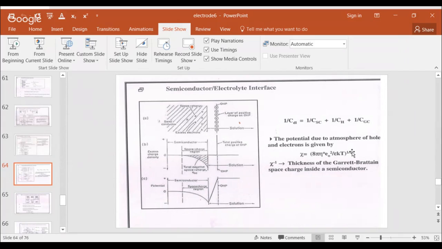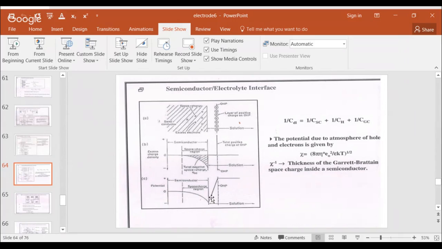There the capacitance will be the Helmholtz capacitance plus the diffuse double layer capacitance, from the Gouy-Chapman model and the Helmholtz model. When we take a semiconductor electrolyte interface, this is also very gross, not the exact one. We are adding one more term for the potential drop.